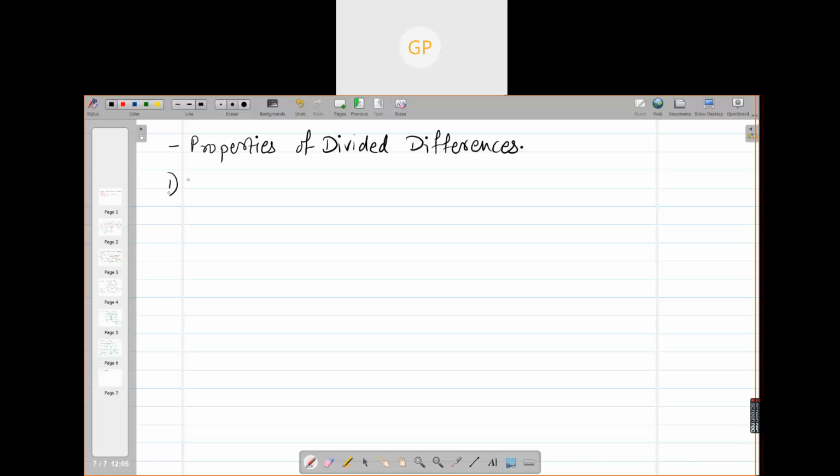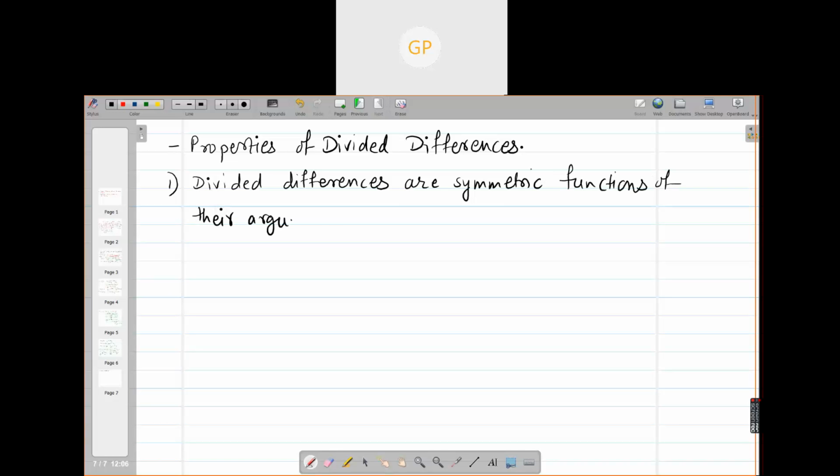The first one: divided differences are symmetric functions of their arguments. Can anyone tell me the meaning of this? Do you understand the meaning of this statement?